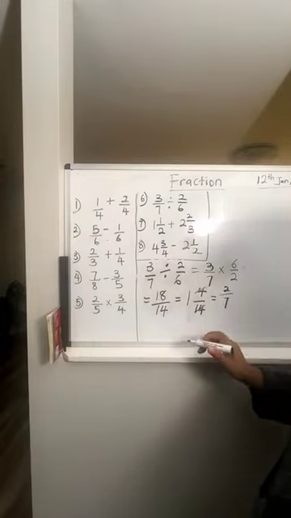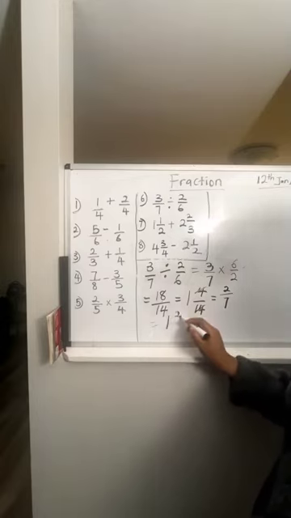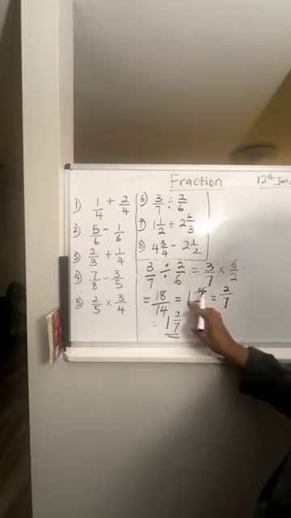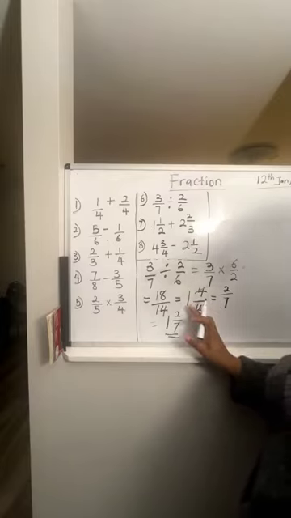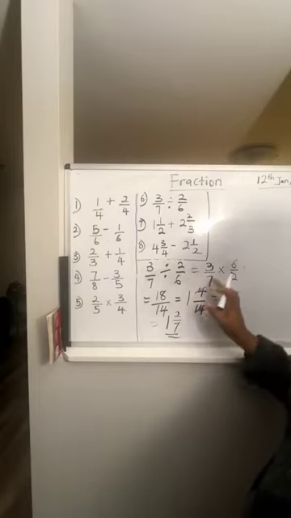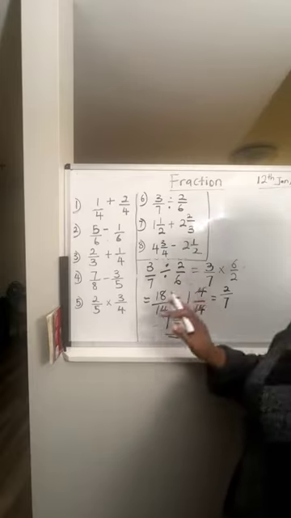So our answer is 1 whole number 2 over 7. Why do we have 1 whole number 4 over 14 here? Because 14 times 1 will give us 14, plus 4 will give us 18. So that is how you get it.